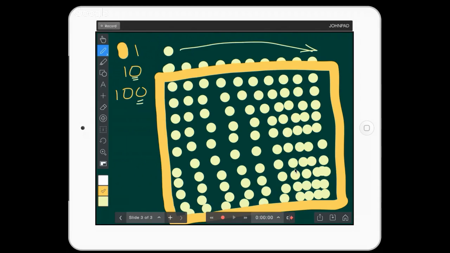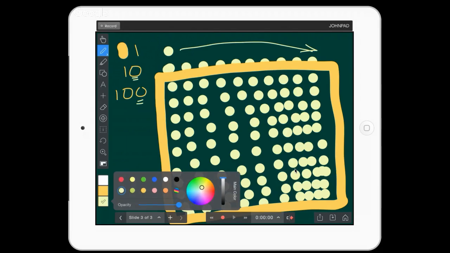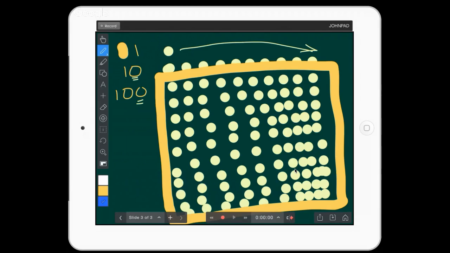But imagine I now said to you, okay, it was really boring, wasn't it, watching me do all those dots, and you were sitting there thinking, what on earth is he doing? Now just imagine that we replace every single dot with 100 dots.